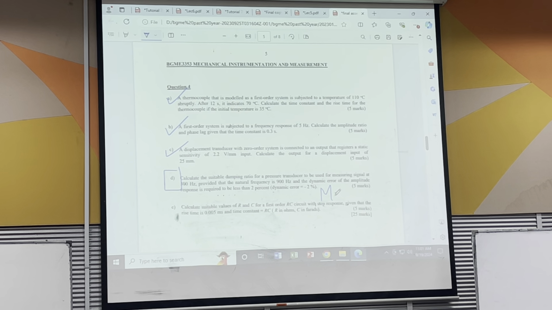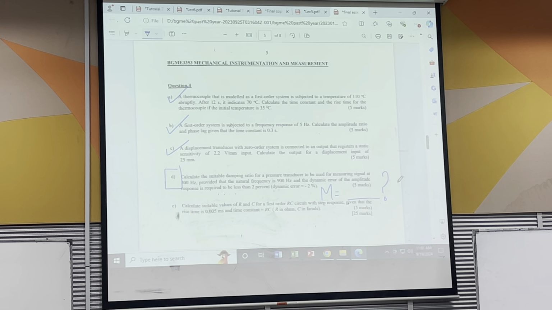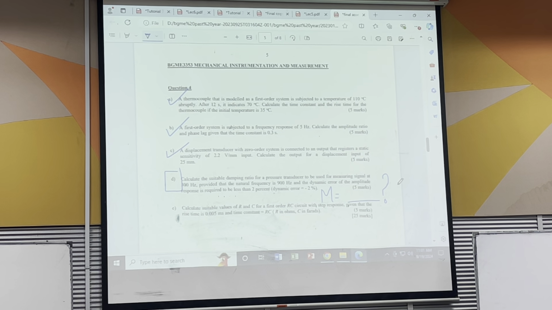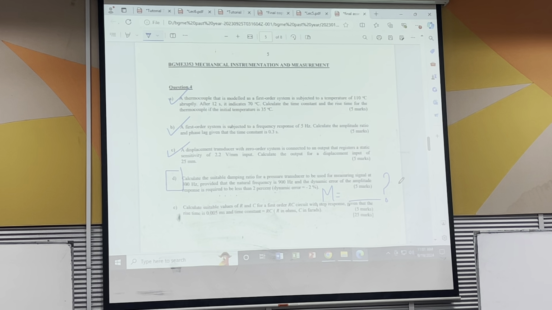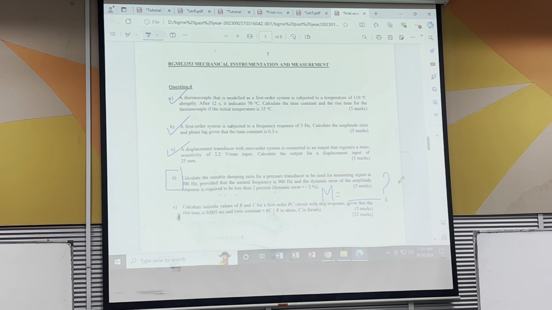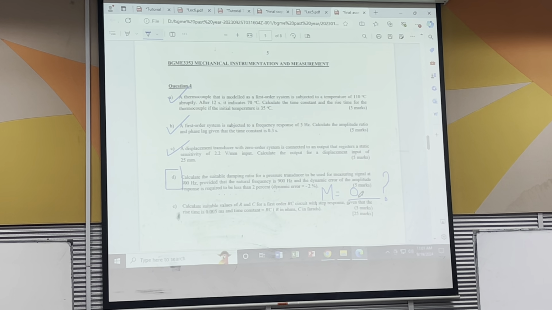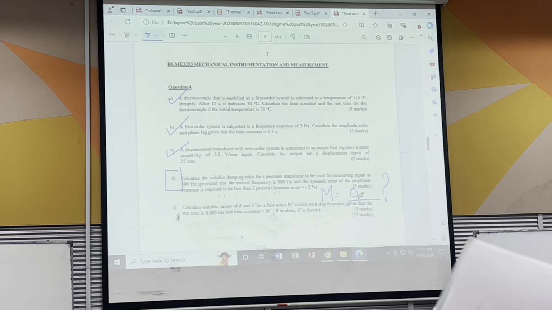M equals to what? If the dynamic error is required to be less than 2%, your magnitude ratio will be 0. Think about it. If you can figure out this magnitude ratio based on the dynamic error, then you are already at least 70% there.